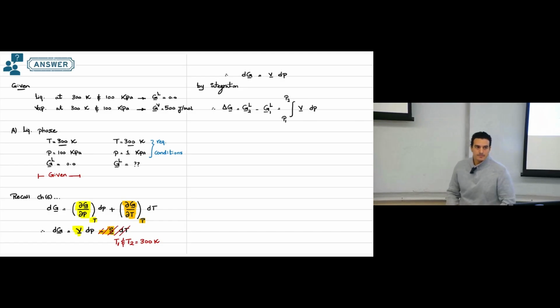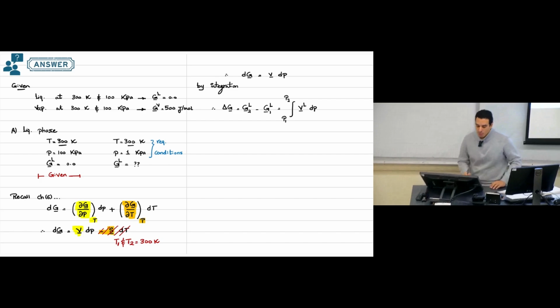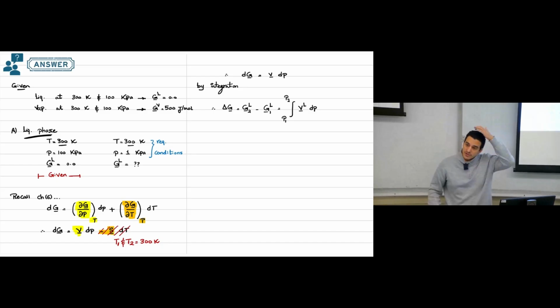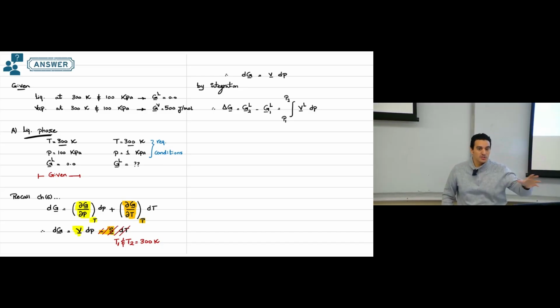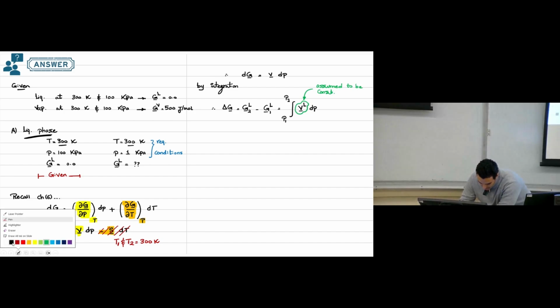Clear? Okay. So this molar volume is the volume of the liquid, because in this requirement I have everything in the liquid phase, and liquids are incompressible. So the volume of liquids does not change with pressure change. So we can assume this molar volume to be constant, and since it's constant, it will be out of the integration.